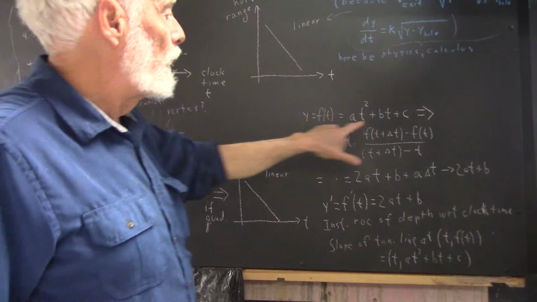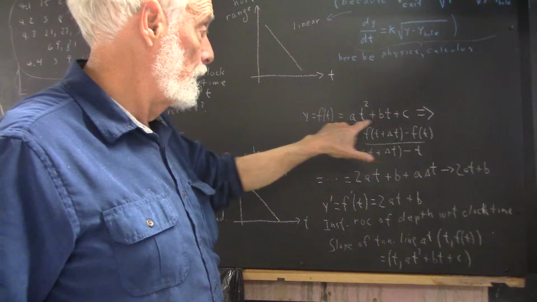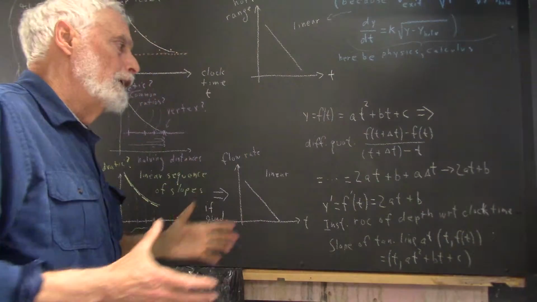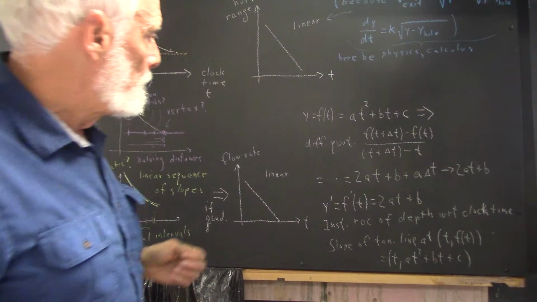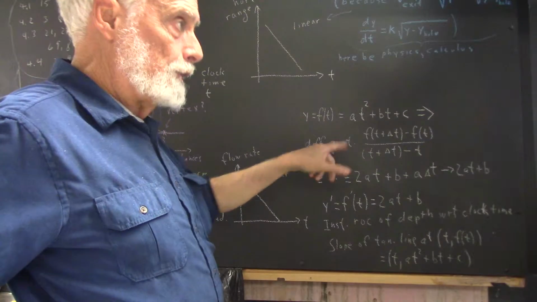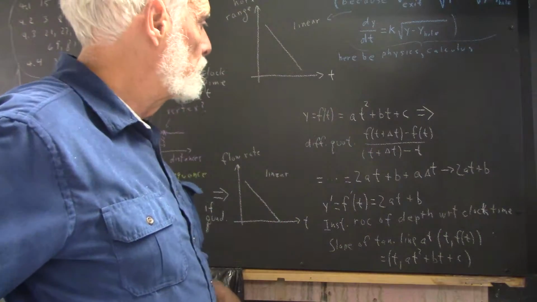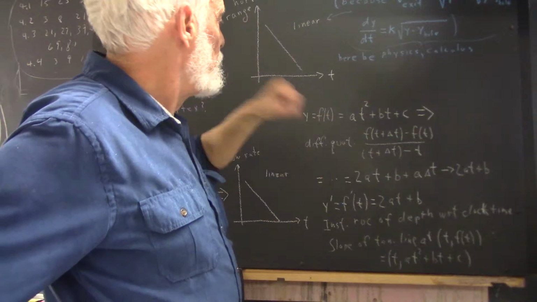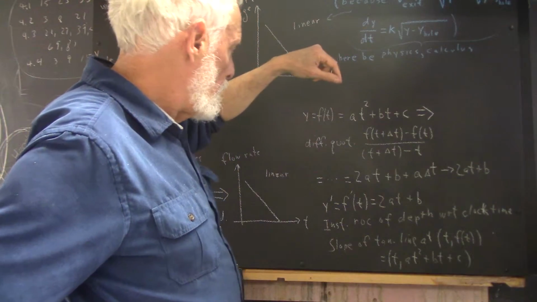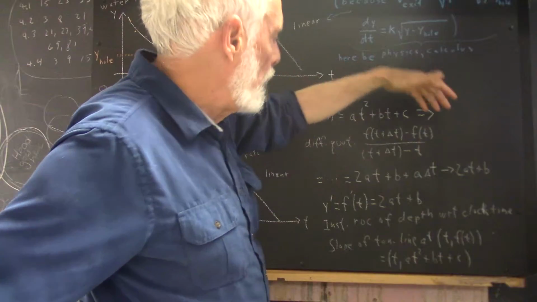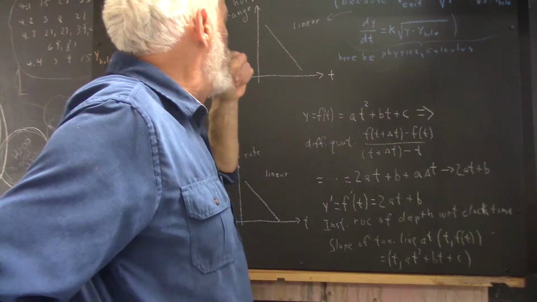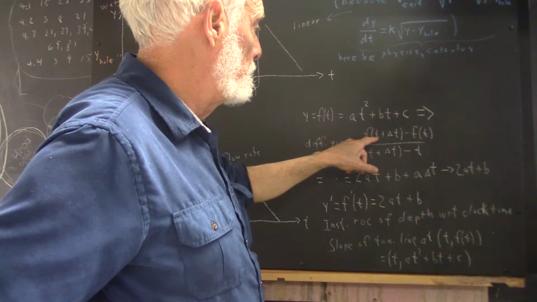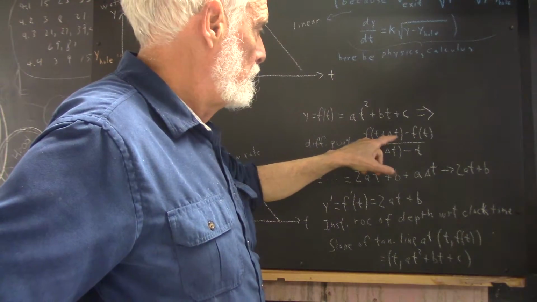if y is quadratic, and this is the form of a quadratic function, and we should know this if we've been through a precalculus course. The difference quotient, something else we learned in a precalculus course, is obtained just by determining the average rate of change of this function between clock time t and clock time t plus delta t.